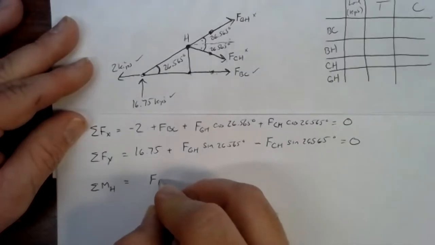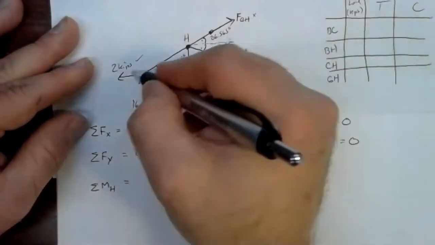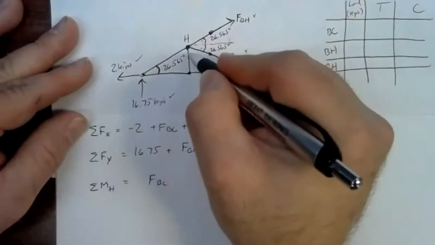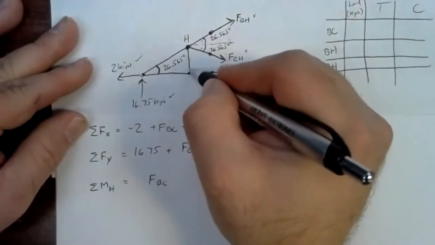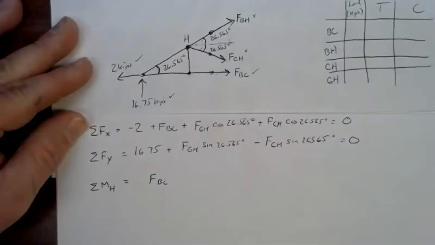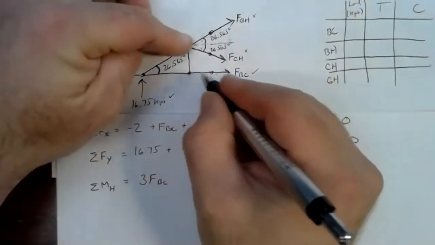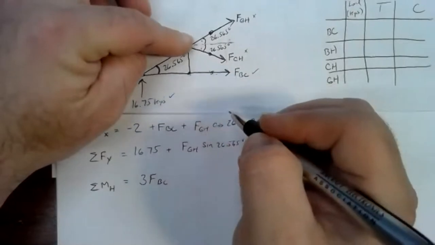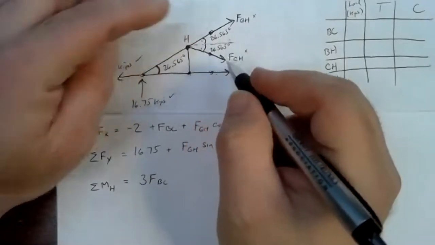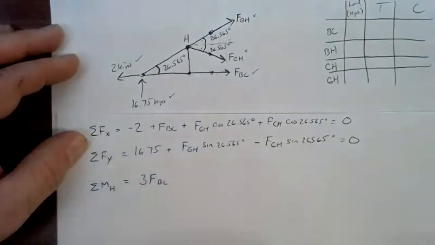So let's deal with BC first here. If the line of action of BC is down here, that is 3 feet away from the pivot point. So we have 3 FBC. If we're pinning at H and pulling in the direction we're assuming BC goes in, that's a counterclockwise rotation. Counterclockwise rotations are positive.